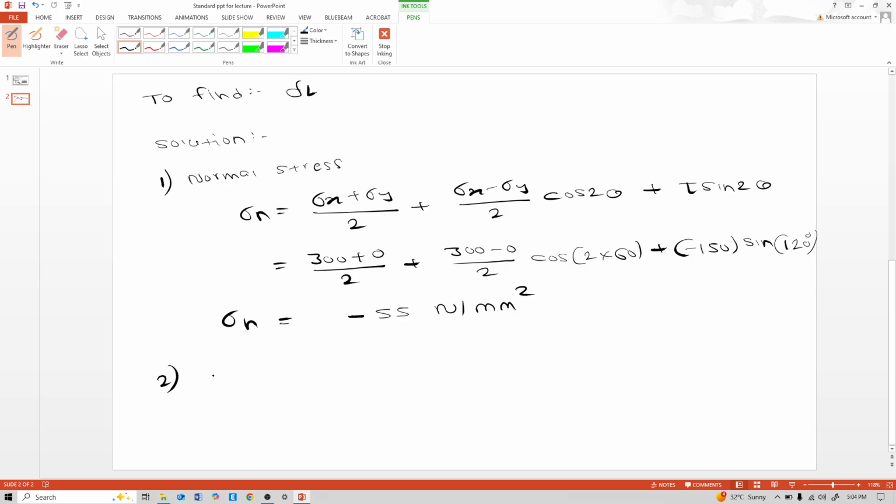Second, tangential stress. Sigma t is equal to (sigma x minus sigma y) upon 2 into sine of 2 theta minus tau cos of 2 theta.